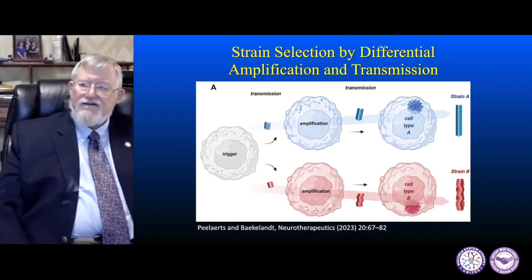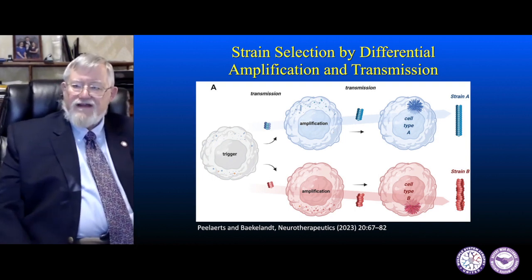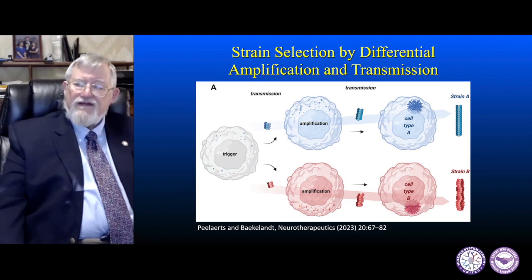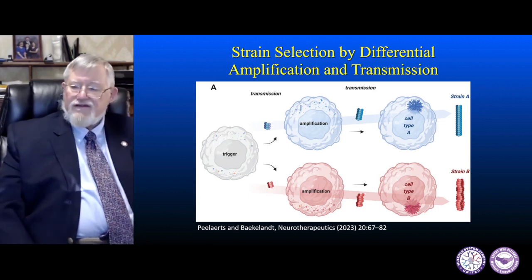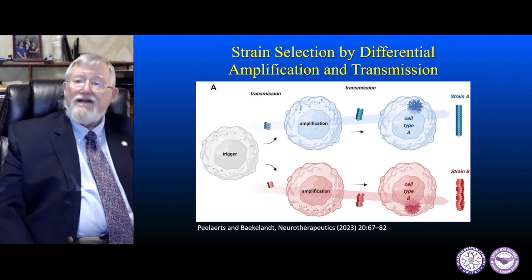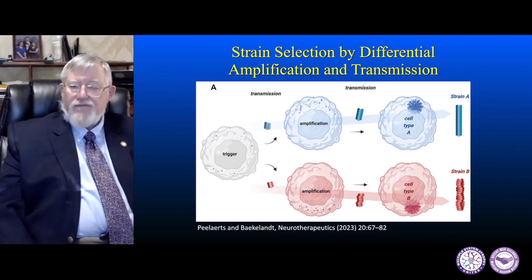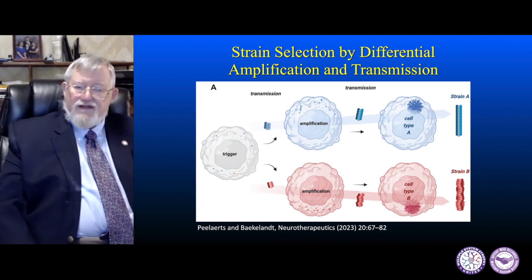And there are factors that can affect what kind of aggregate gets passed from cell to cell and forms in different cells. So it turns out, and this occurs in those seeding amplification assays that I showed you earlier, the conditions in the solution make a big difference in how readily different types of aggregates will form. So some people who initially tried doing the test, for instance, said, no, we can't get any aggregation from seeding with multiple system atrophy samples.